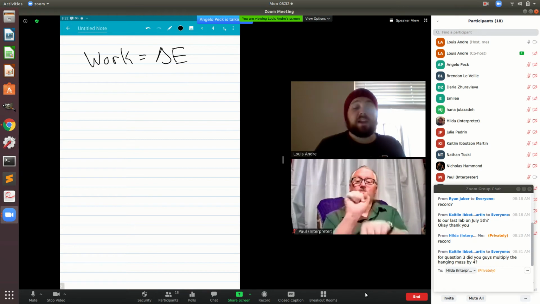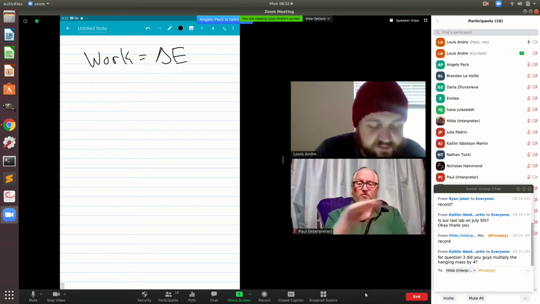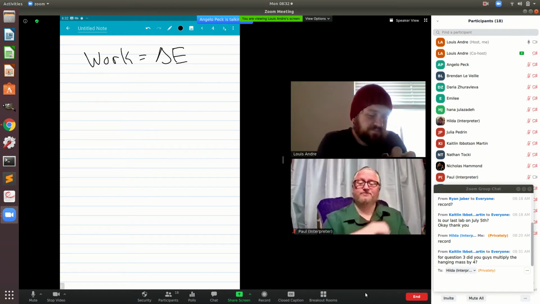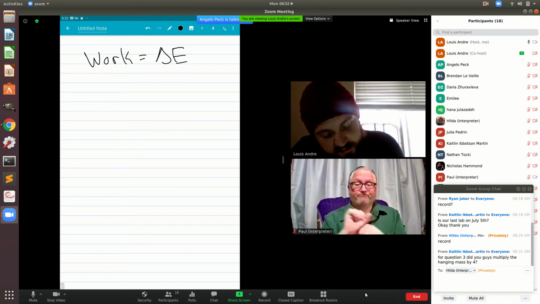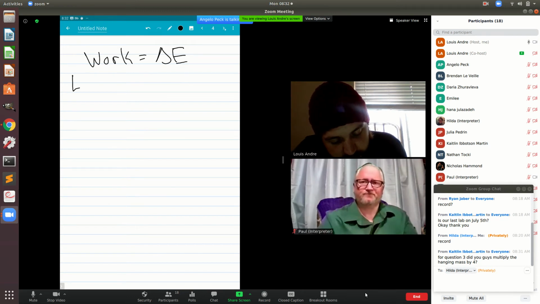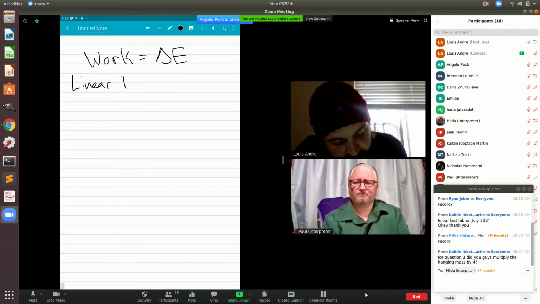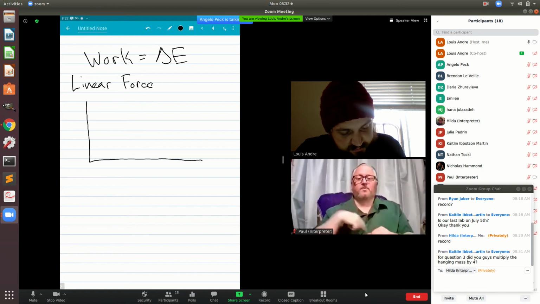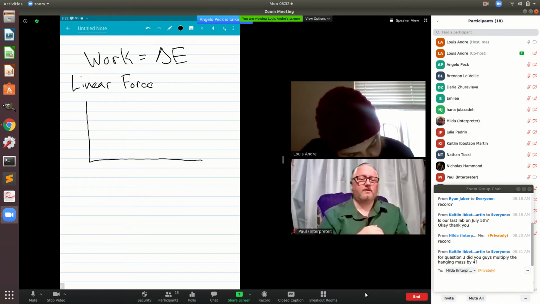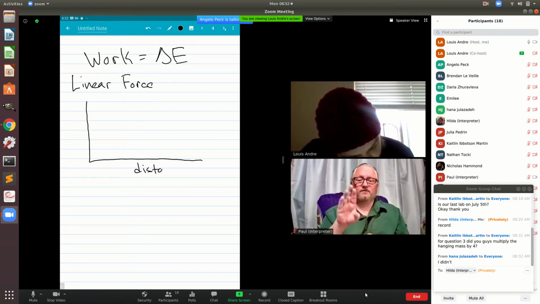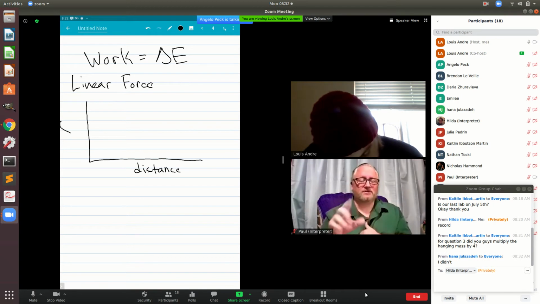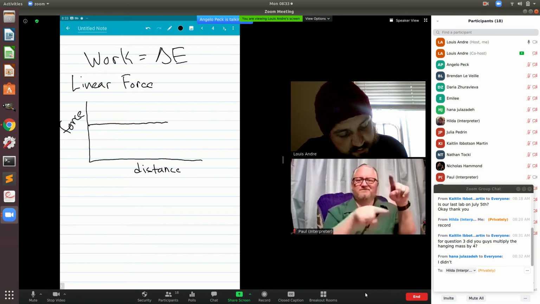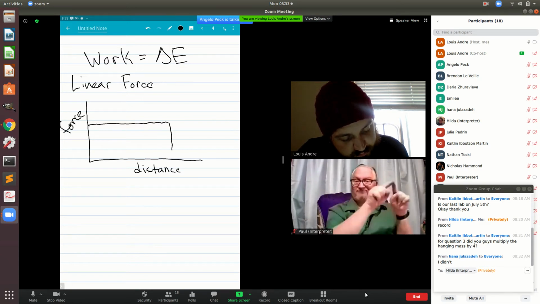Now, we can make this a little more calculus based. In the case of a constant force, if we looked at a graph of force over distance here, it would just be some flat line over some distance, and then as soon as we stopped applying the force, it would go down to 0.